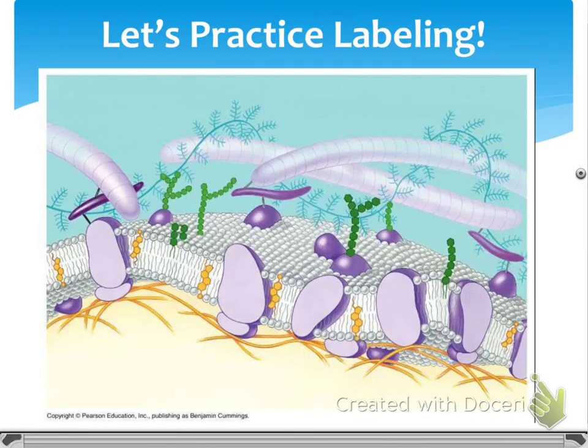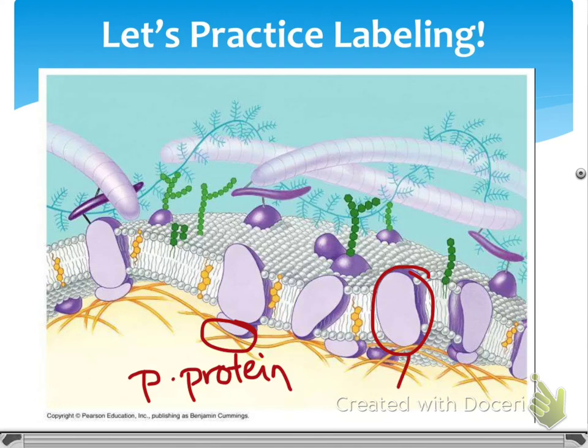So let's practice labeling. You will have a quiz on cell membrane, and you will have to label it and give functions. So this, I'm just going to abbreviate here, is a peripheral protein because it's on the edge. This guy here is going to be our integral protein. Let's see. This will be a glycolipid.